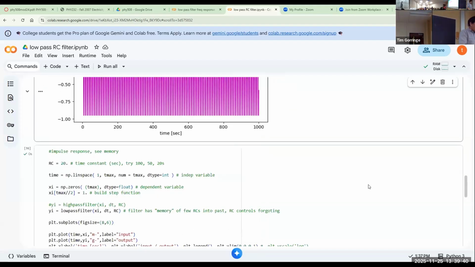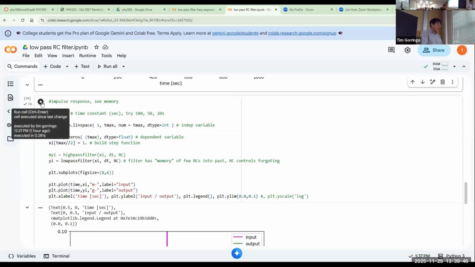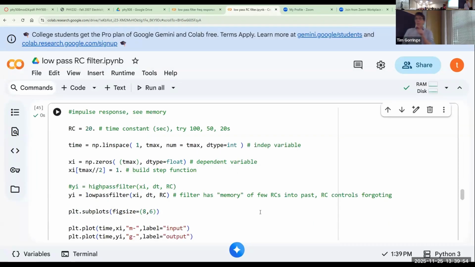Okay. The last one I wanted to show you, which I didn't discuss in the notes, was the impulse response. And that's this cell here. Impulse just means that you apply to the input of the filter a short, sharp spike, ideally like a delta function.